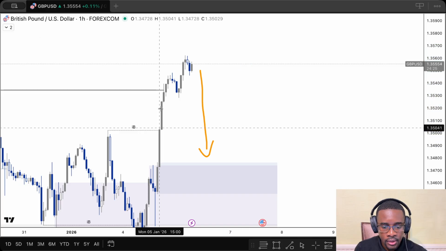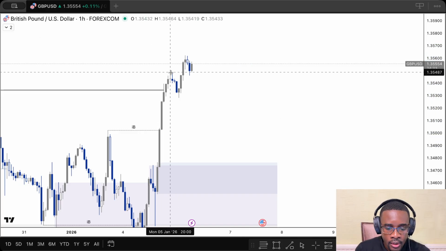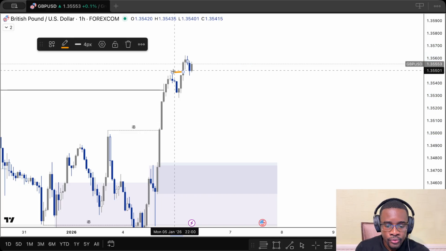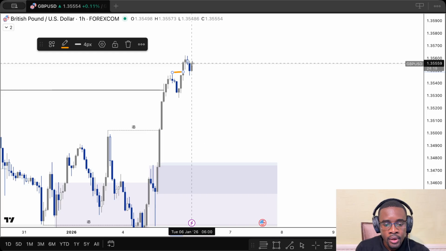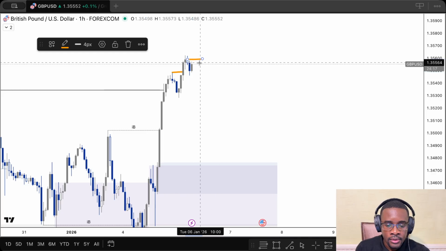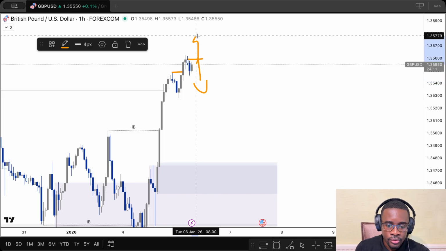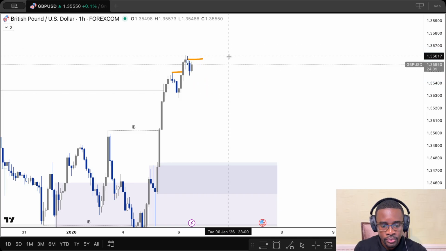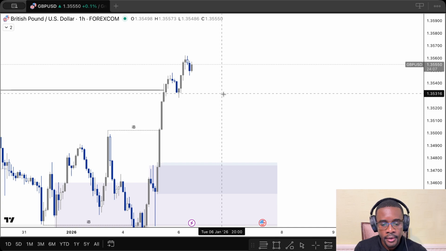Okay, it could, but I would think since we've already had this minor breakout structure, if we break above these highs, I don't think price will come down, at least in the short term. We'll be looking to continue going up.